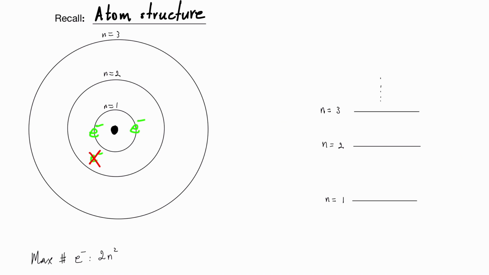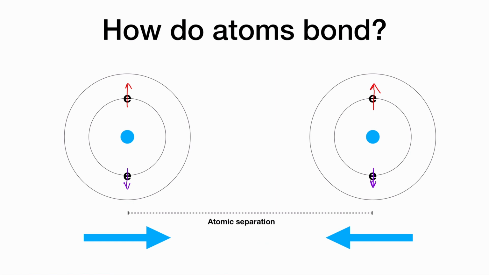Well, it turns out that when you bond the atoms, essentially you are bringing the nuclei closer to one another. Each nucleus has, for instance, a spin-up electron and a spin-down electron when it's by itself.